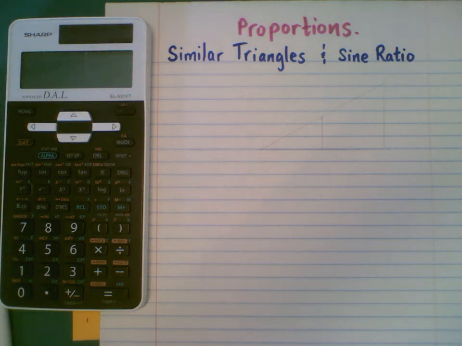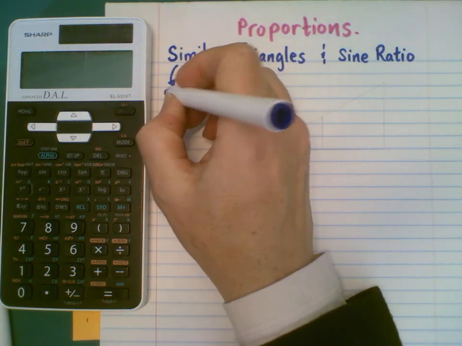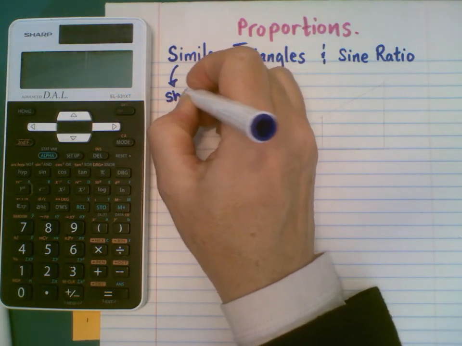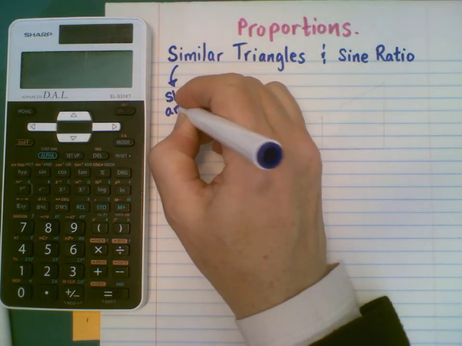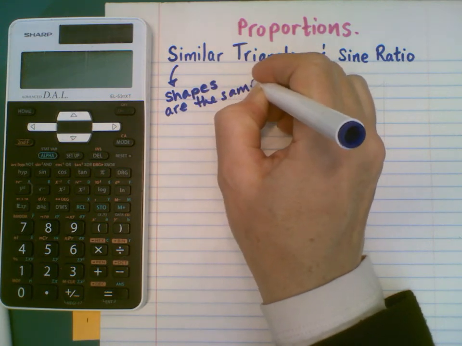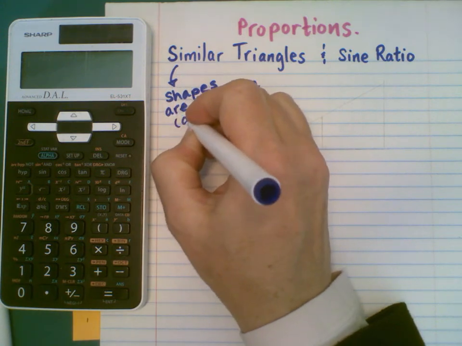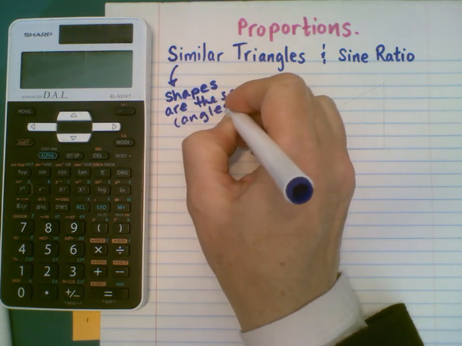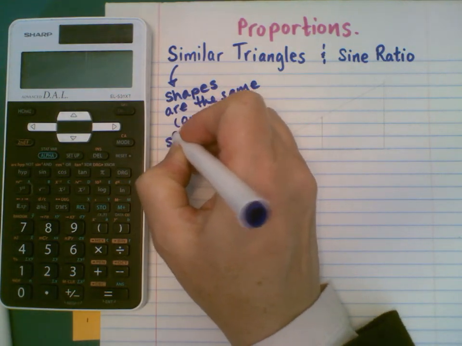So in order to set this up, I'm going to construct two similar triangles. Similarity in mathematics means shapes are the same in terms of the angles and the proportions, but the sizes may be different.